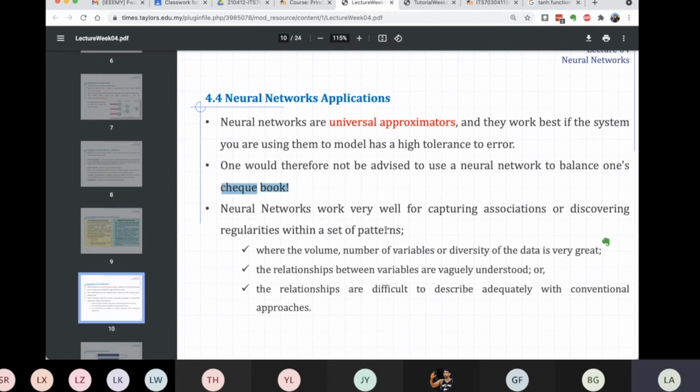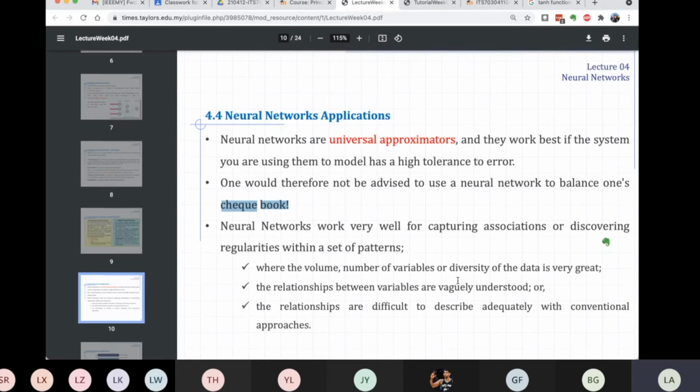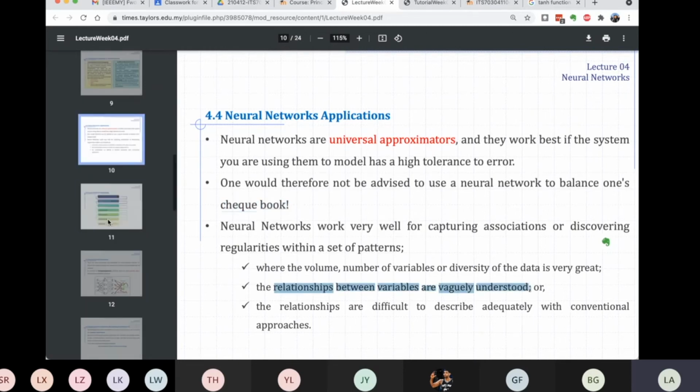Neural networks are very good at capturing associations or discovering regularities within a set of patterns. Some of the criteria are where the volume, number of variables, or diversity of the data is great, or the relationships between variables are vaguely understood, or the relationships are difficult to describe adequately with conventional approaches.